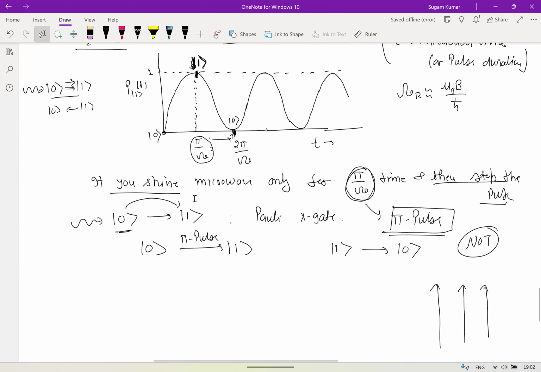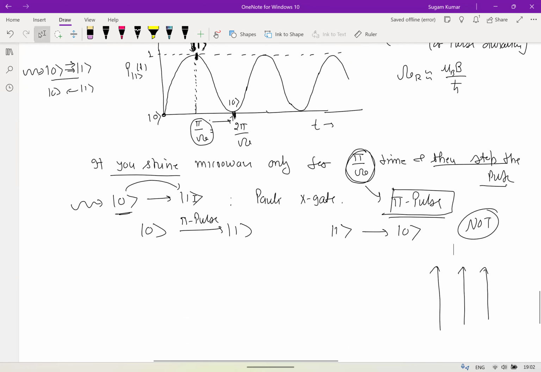Yes, sir. This looks so simple, but it is not so obvious. Generally, there is a magnetic field you apply, and this is the z direction. And let us say this is the y direction, and this is the x direction. So generally we shine photons in the xy plane.